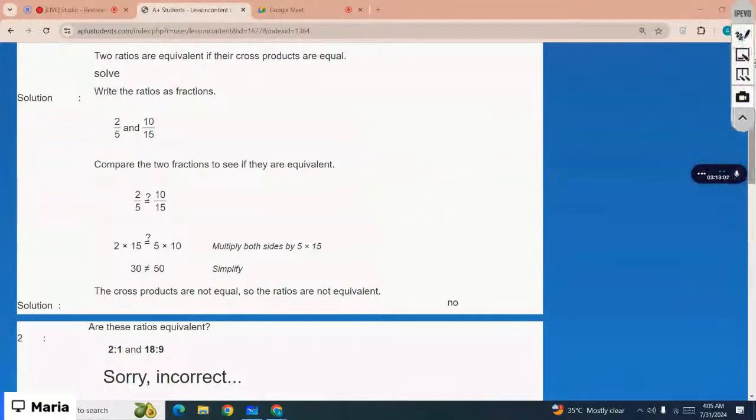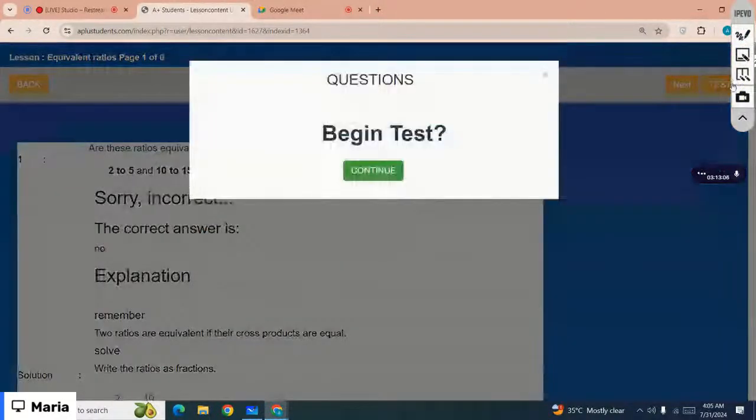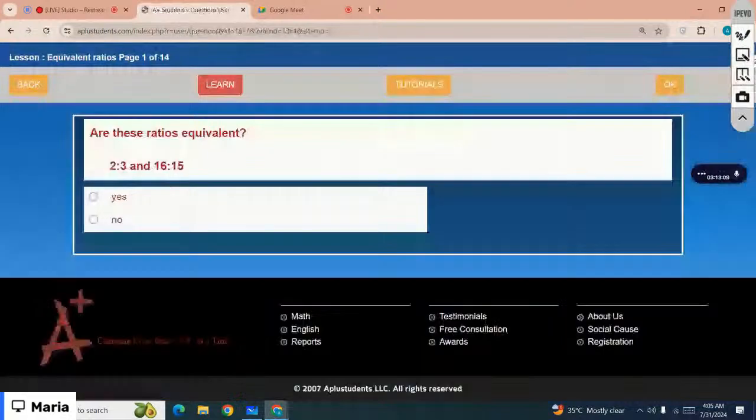Okay, let's start with the practice questions. Are these ratios equivalent, 2 by 3 and 16 by 15?